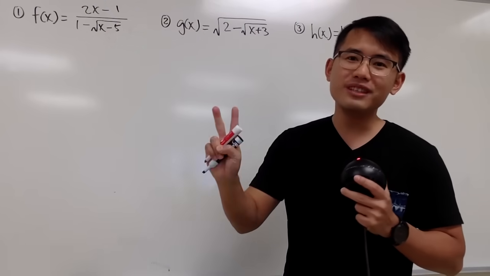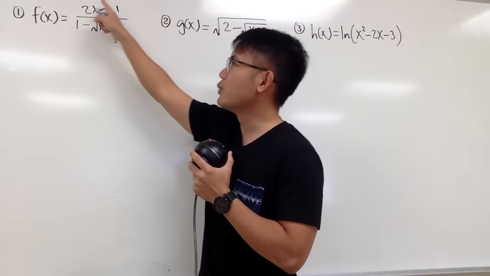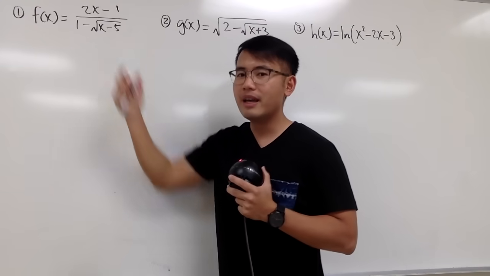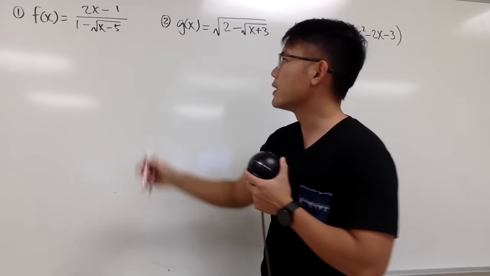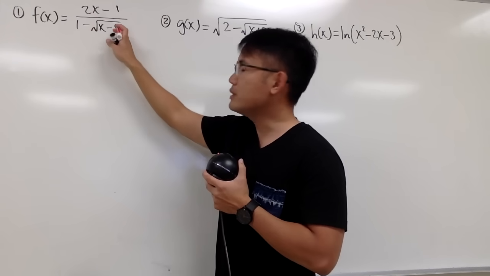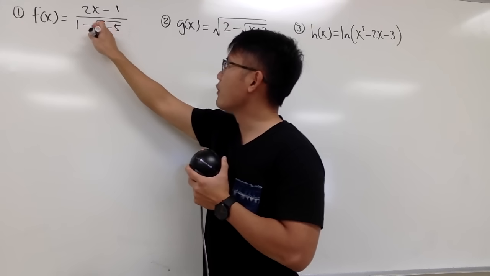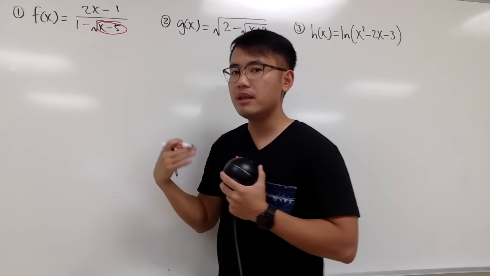Notice that we have two things to worry about, because the first one is we do have a fraction, and the second thing is we do have a square root. And let's do this inside out. So I will pay attention to the square root, especially just the inside. We know that inside of the square root cannot be negative.